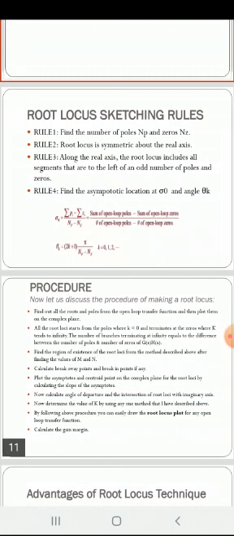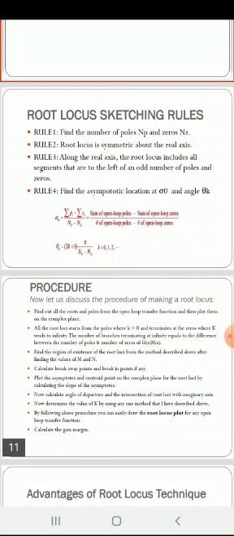The third step is to find the region of existence of the root loci from the method described above, after finding the values of m and n. The fourth step is to calculate the breakaway point and break-in point, if any. The next step is to plot the asymptotes and centroid point on the complex plane by calculating the slope of the asymptotes.